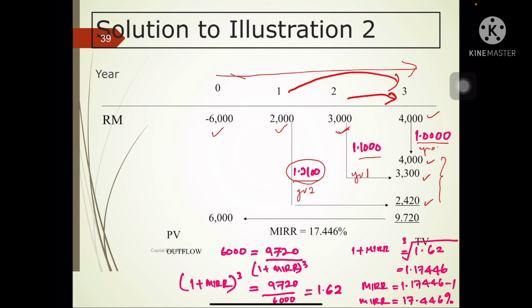If we total up, we receive 9,720. Same as illustration 1, 6,000 equals 9,720 divided by 1 plus MIRR to the power of 3. After we reverse the formula, we get the MIRR equivalent to 17.446, and you can also derive this figure.